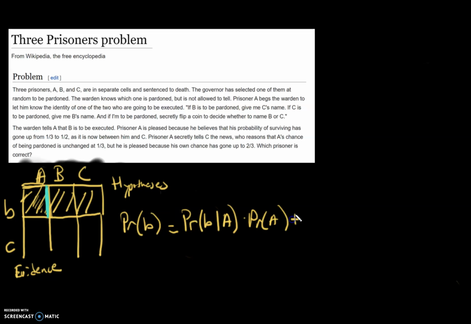And if we extend the logic to the other columns, we would have the probability that the warden will say B will be executed, knowing that B will be pardoned, times the probability of B, plus the probability that the warden would say B would be executed, knowing that C would be pardoned, times the probability of C. This is a capital C. Now, if we were interested in the following question, what's the probability that A will be pardoned, knowing that B will be executed?